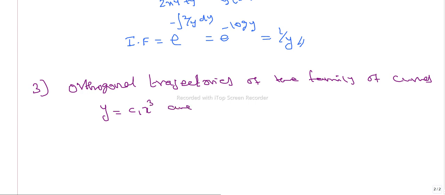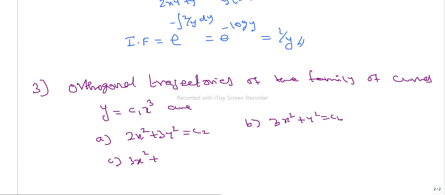The first option, I think we already solved this problem, 3y square equal to c2. The second option is 3x square plus y square equal to c2, the third option is 3x square plus 2y square equal to c2, and the fourth option is x square plus 3y square equal to c2.